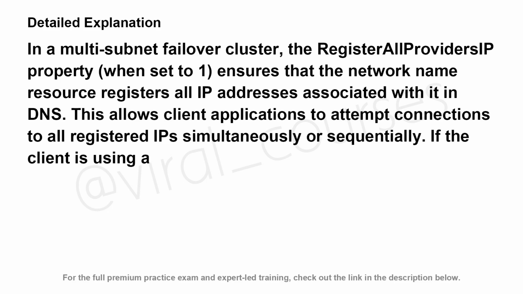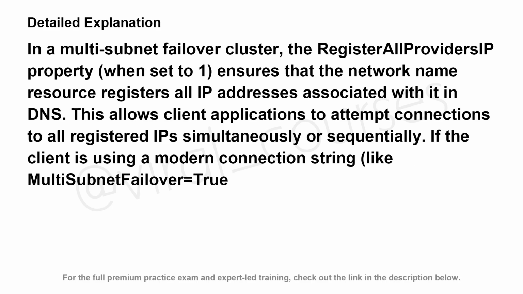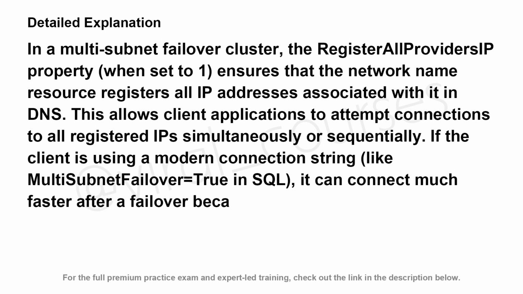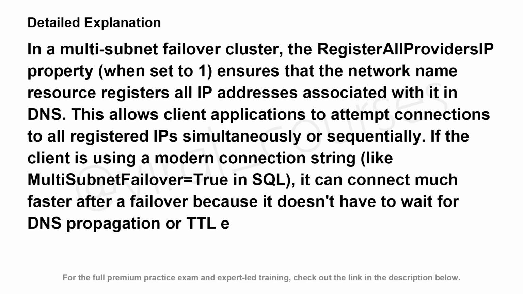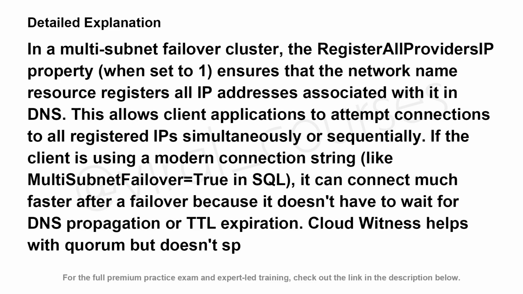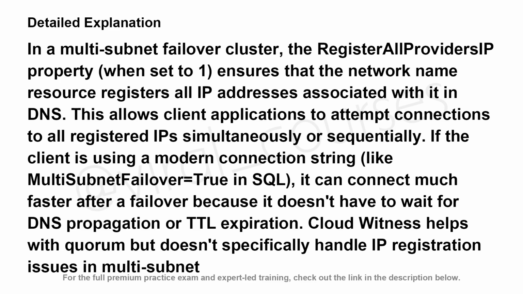If the client is using a modern connection string, like MultiSubnetFailover=True in SQL, it can connect much faster after a failover because it doesn't have to wait for DNS propagation or TTL expiration. Cloud Witness helps with quorum but doesn't specifically handle IP registration issues in multi-subnet scenarios.